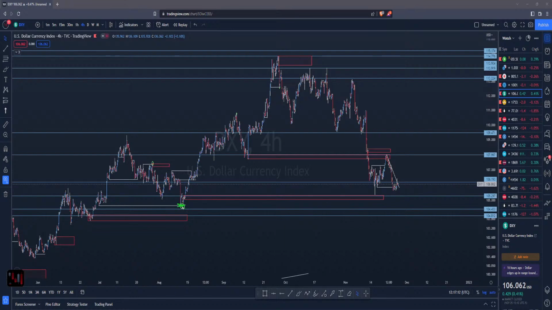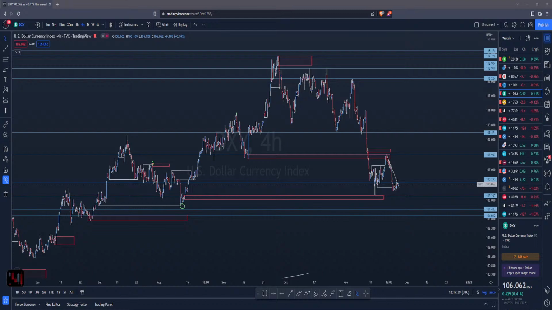I wouldn't mind at all this low, since this one already took that one. I would like to see price going close to this 104 level. Let's see if that's going to happen or not, or even taking this one, getting somewhere in this demand zone. Not sure if it has been touched or not. So somewhere in there, I wouldn't mind to see this low being faked out. Nevertheless, it's a good level.